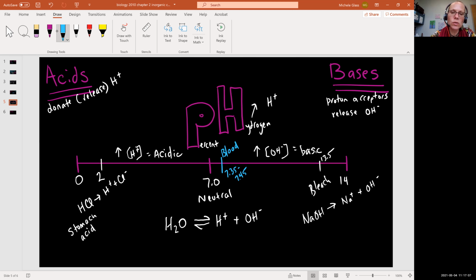Paying attention to the stomach acid, the hydrochloric acid that I drew for you, and the sodium hydroxide or bleach that I drew for you, notice these have an arrow going in just one direction. And so these would be considered strong acids and strong bases, meaning they dissociate completely.